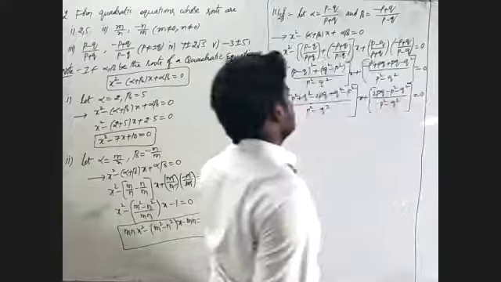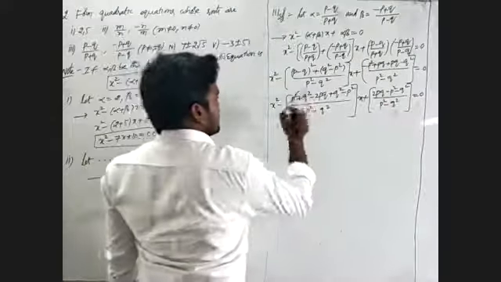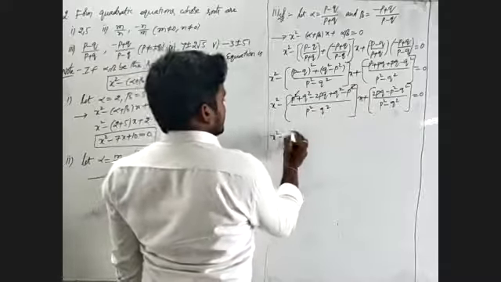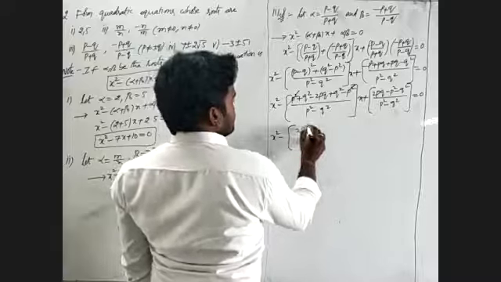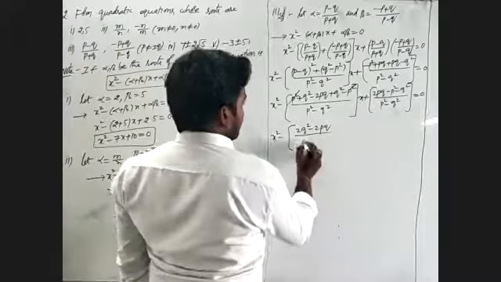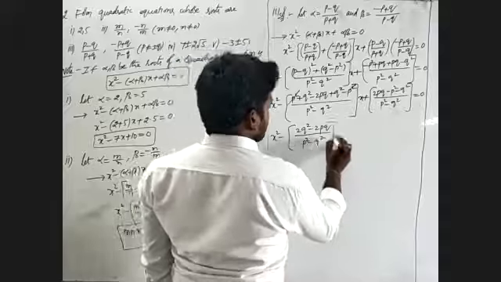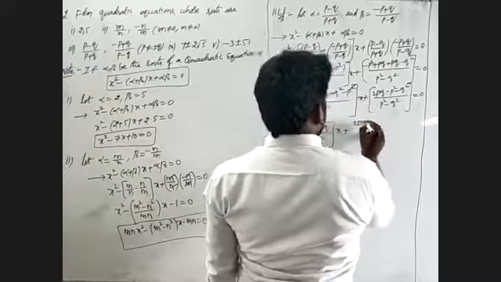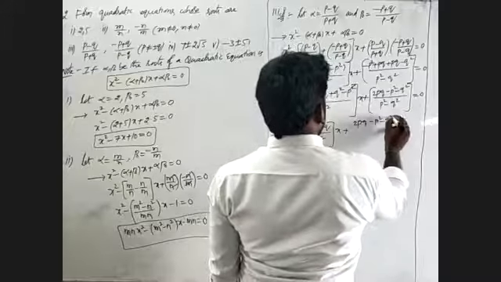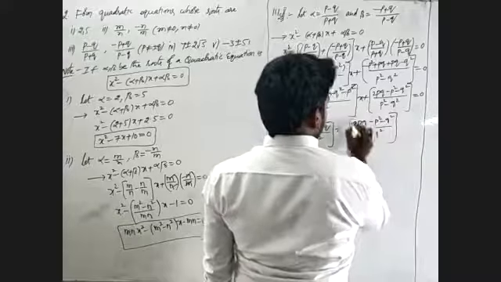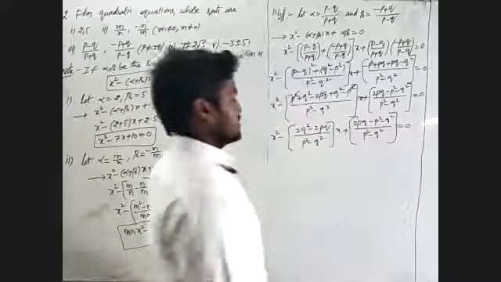We observe here plus p square and minus p square will be cancelled. Remaining I will write x square minus (2q square minus 2pq) by the denominator p square minus q square into x. After that here we write (2pq minus p square minus q square) by p square minus q square is equal to 0.